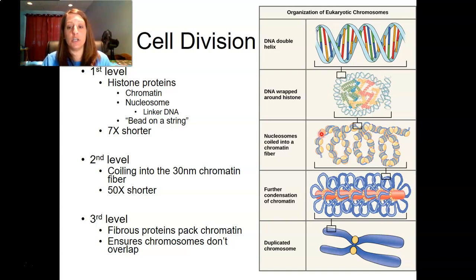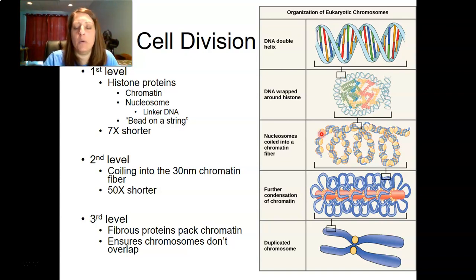This tight association with these histone proteins gives DNA the next level of organization, which we call chromatin. So if you hear that term chromatin, which you will in here and in lab, chromatin is DNA associated with proteins. And we know now that those specific proteins are called histone proteins.